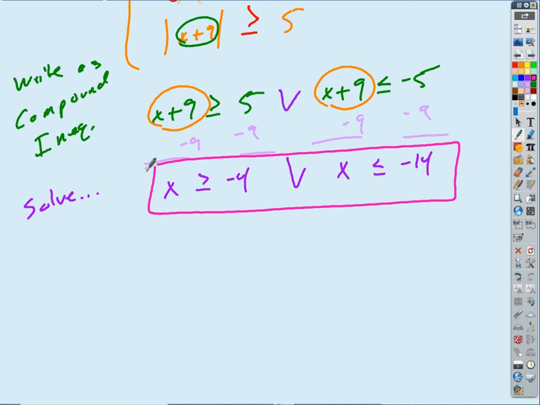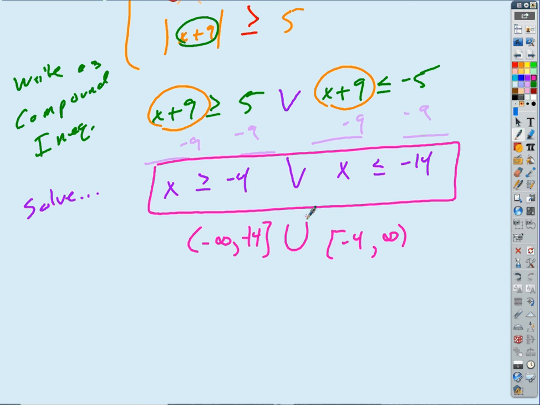Now, let's write that using interval notation. So how would I say x is greater than or equal to -4? Bracket, good. Okay, and how about x is less than or equal to -14? -14 bracket, and we got to use the union in between, right?